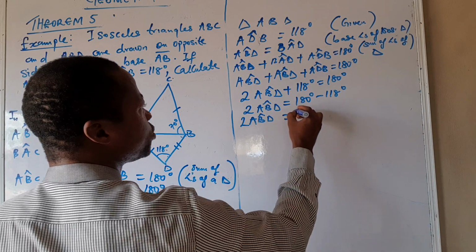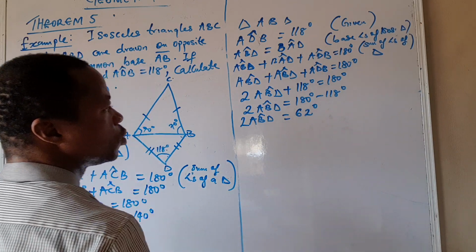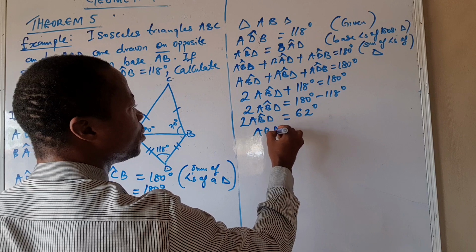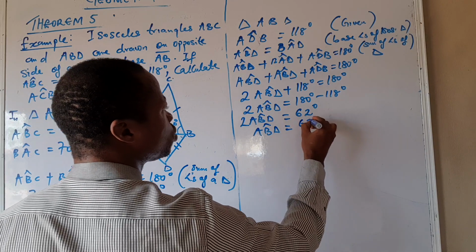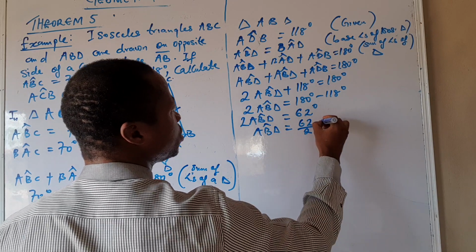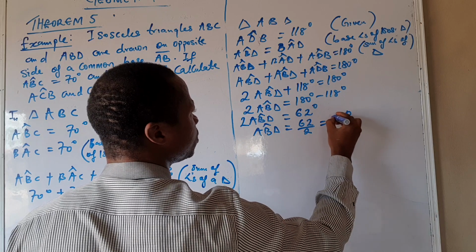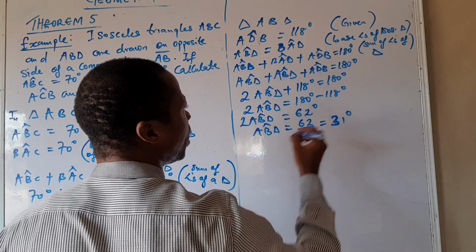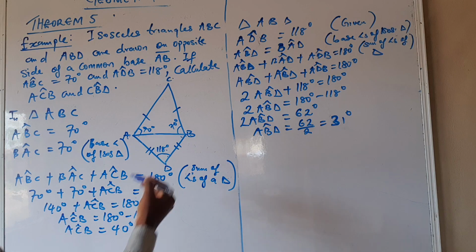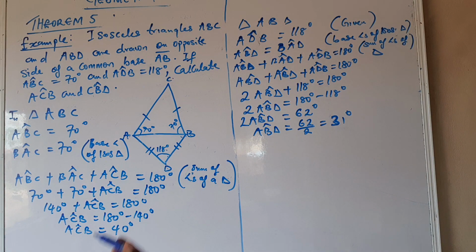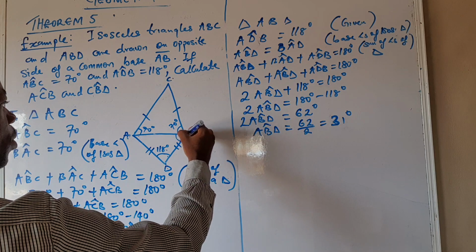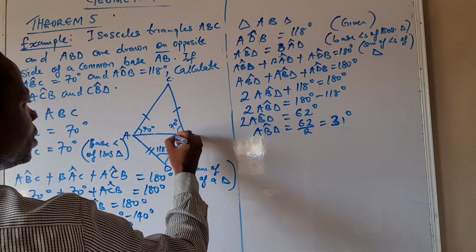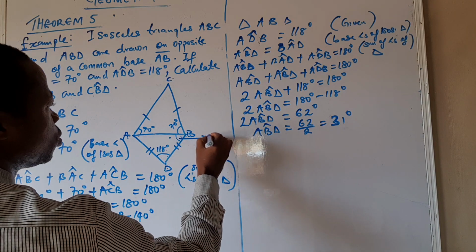And this will give you 62 degrees. So my ABD is equal to 62 divided by 2, and this will give you 31 degrees. So we've gotten this angle to be 31 degrees.